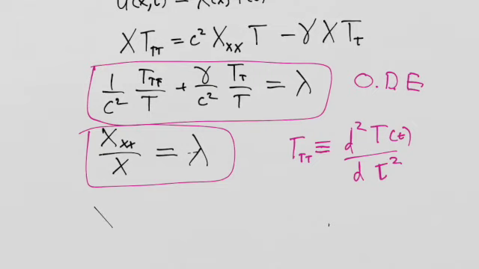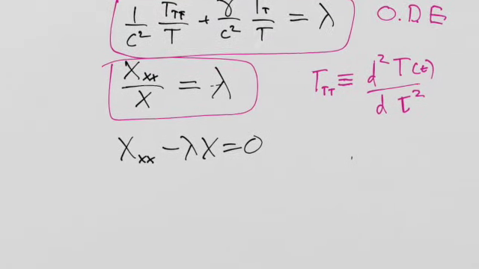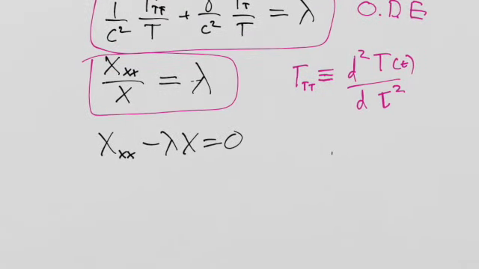Oh, this is a little too thin. I want to make this a little thicker pen. We've already solved this guy a long time ago, and this differential equation becomes x double prime minus lambda x equals 0. And this is where we say, hey, look, we know how to solve ordinary differential equations.